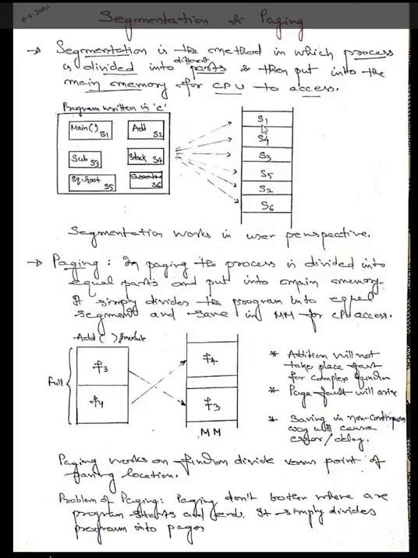You can see that S1 is here, S2 is placed here, S3 is placed here, and after S1 is S4, after S3 is S5, after S2 is S6. Like that, in a randomized way, the individual functions are put across different blocks. So segmentation works from a user perspective.